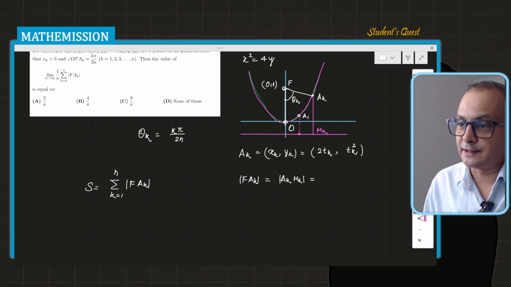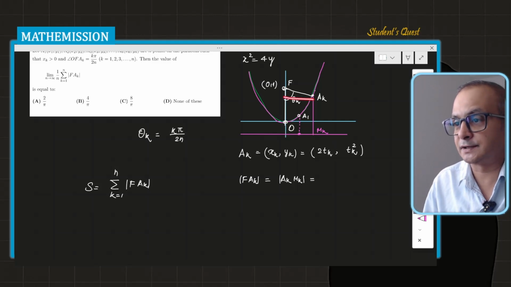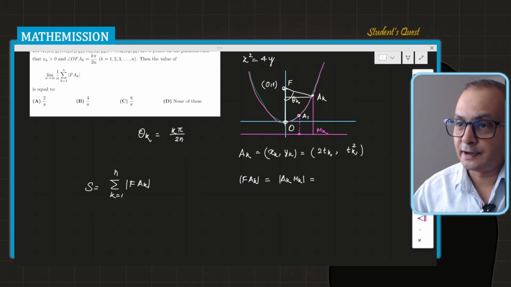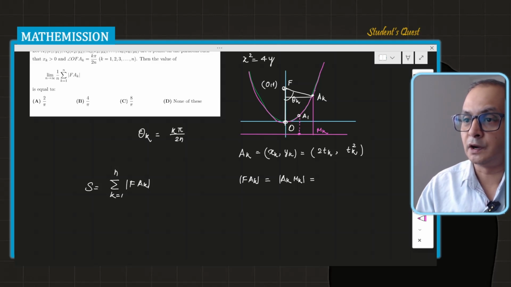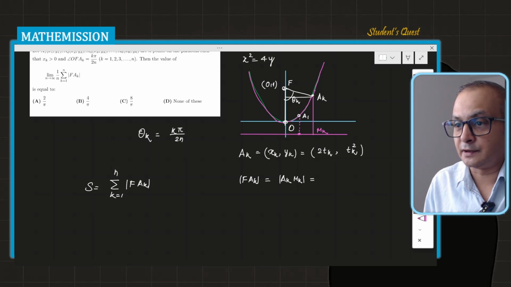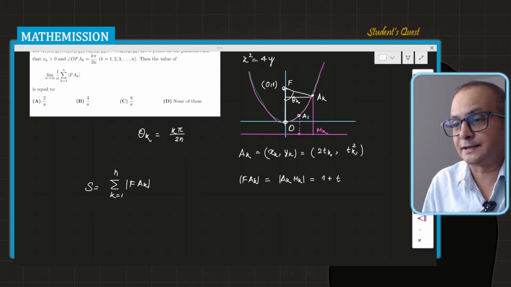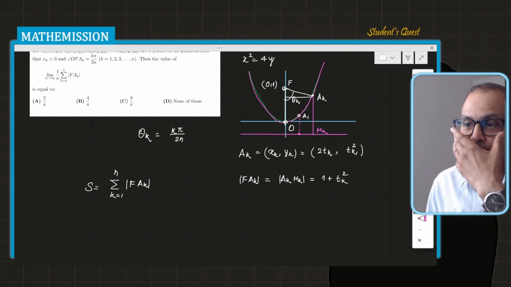So this distance is already A, wherever you take the point, and this length is YK, the distance of the origin from this point, which is nothing but the y coordinate of this point AK. So I can write this as A, that is 1, plus the y coordinate YK, that is TK square. So all that I have to find out is TK, and if I find the TK, that will be convenient.